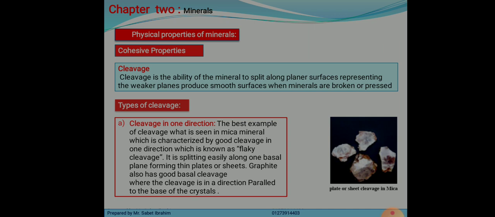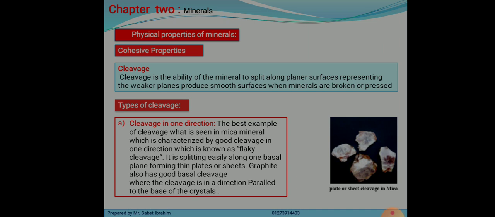We know the mica minerals are biotite mica and muscovite mica. It splits easily along one base plane, forming thin plates or sheets. These thin plates or sheets are flaky cleavage, which is clear in mica.